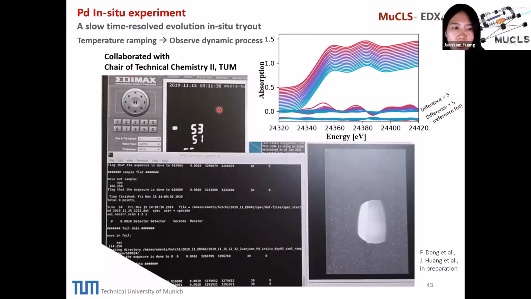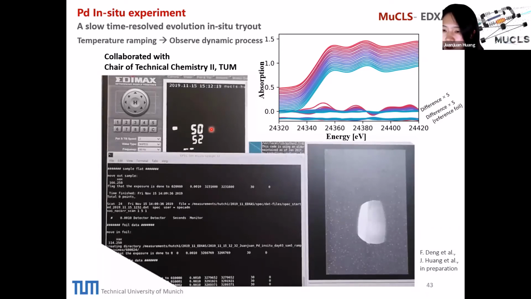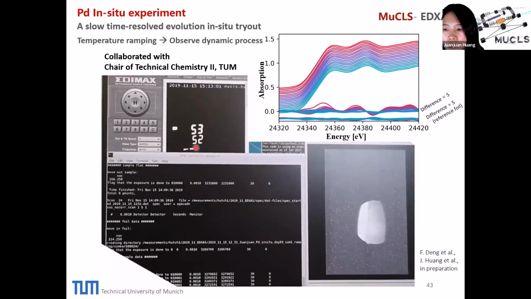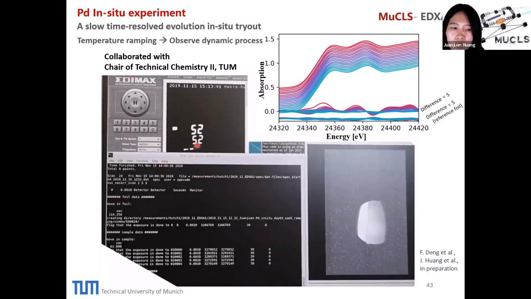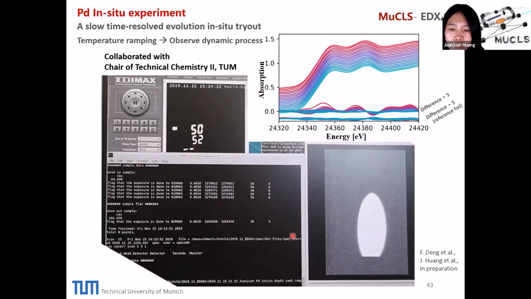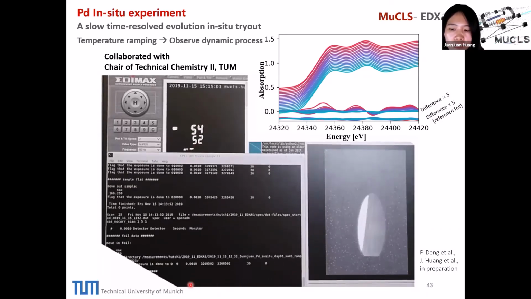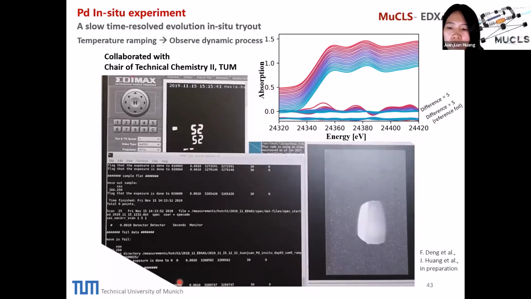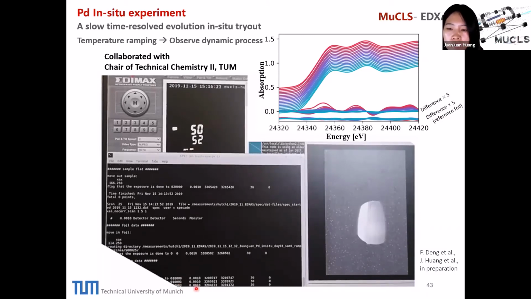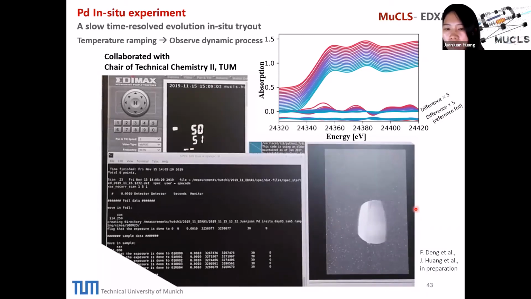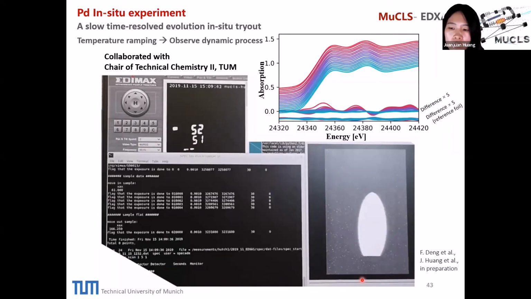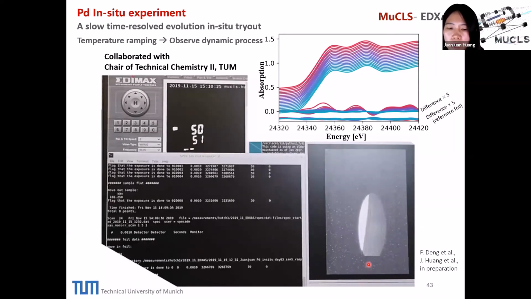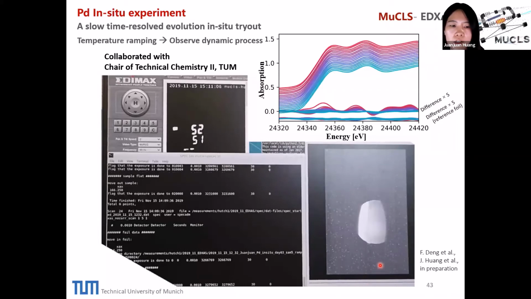This panel shows the temperature inside the reaction cell. This one is a spec terminal, which is also used in many synchrotrons to control the experiments. And this is the picture captured on the CCD camera, and each exposure is 30 seconds.